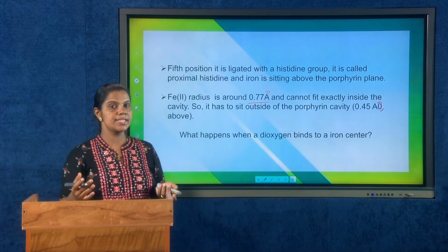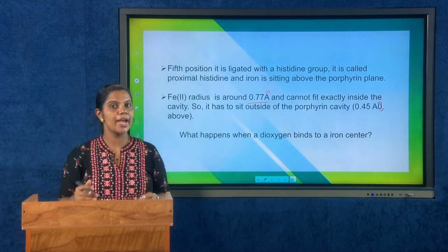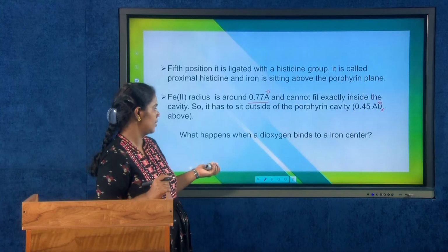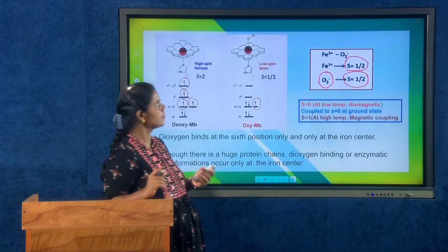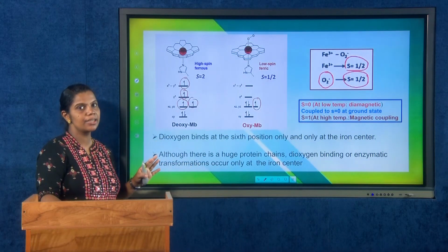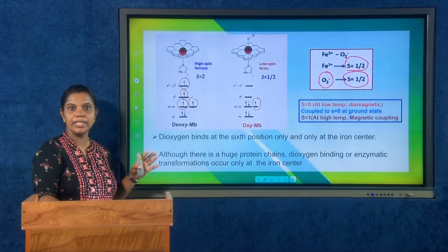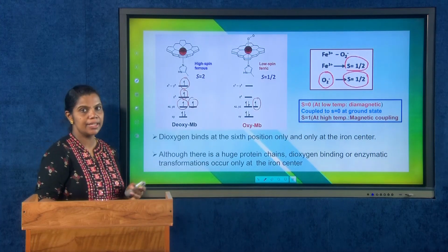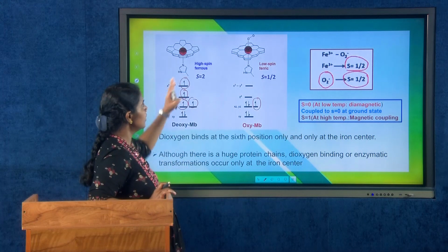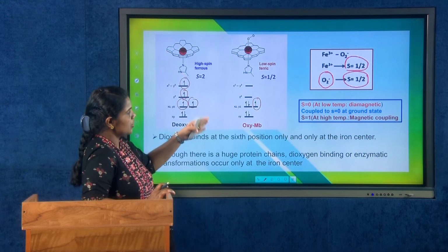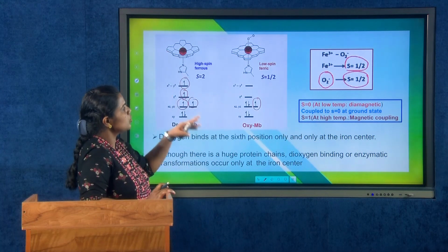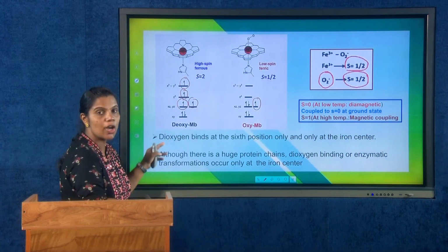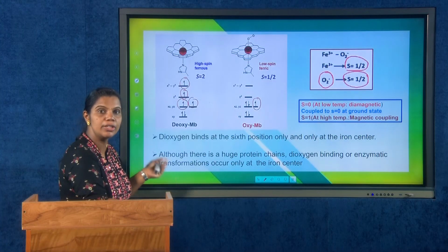So now let us see what will happen when dioxygen gets bound to the iron center. I already mentioned that iron 2 plus in the high spin state gets converted into iron 3 plus in the low spin state. Here is the spin transition of the Fe2 plus high spin to the Fe3 plus low spin state. This is the deoxymyoglobin, that is before the oxygenation.